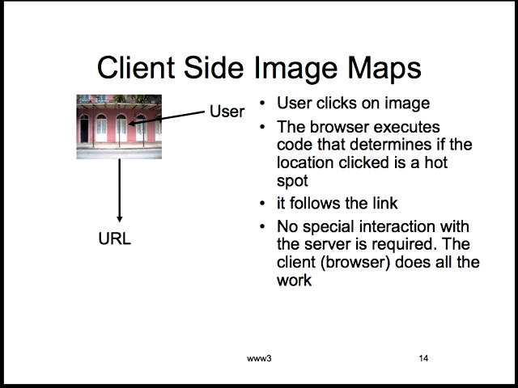As part of the code for the HTML page, you have the image, and you also have the image map that will tell the browser where they need to click, so where they need to go if they click on a certain thing. If you click on a particular point, the browser goes, okay, what does that mean? Well, that means go to CIT.com. Okay, I'll go off to CIT.com. So the browser has everything it needs. All the brains are in the browser.